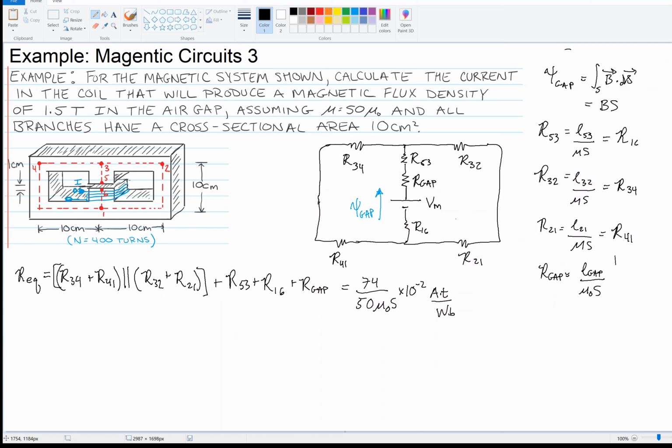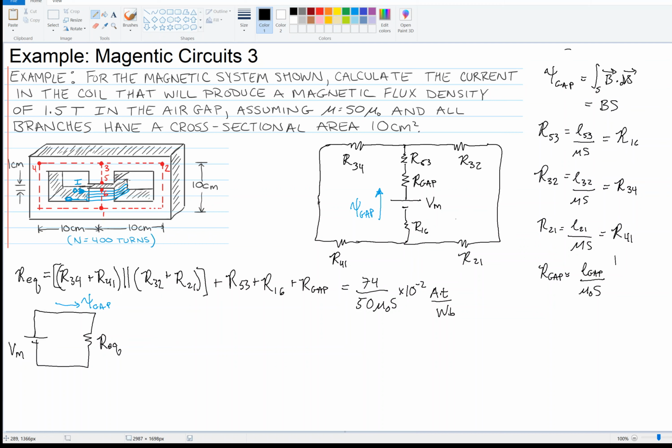So we've got the equivalent reluctance, and so here's the neat thing. Now I can use my circuit theory, right, and I can redraw this figure like this. So I've got my total magnetic potential, and then the equivalent reluctance, and the flux is still the flux that we calculated, B times S, through the gap.